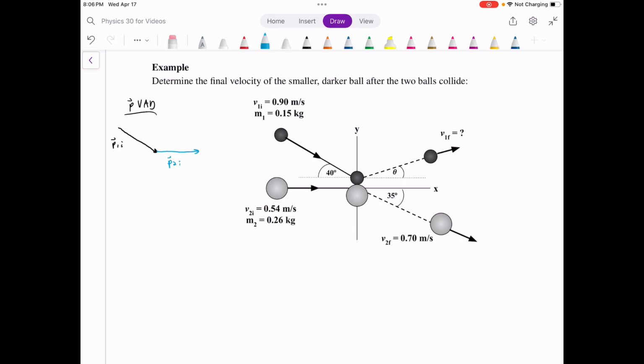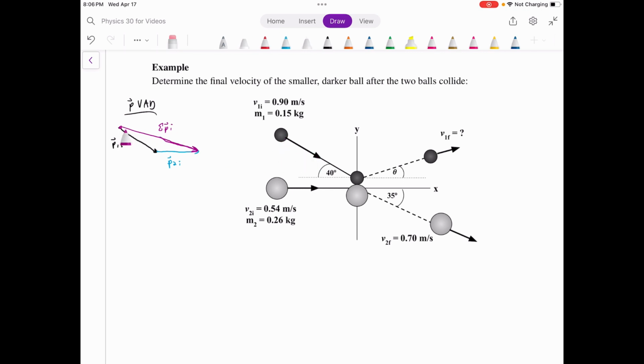So the net momentum in the system initially, unsurprisingly, is kind of down and to the right. Whoops, that wasn't a very straight line, right? But that makes sense. That's the total initial momentum. Again, it checks out: down and to the right, because this is just to the right and this is down, so that introduces some downward y momentum, and also to the right.